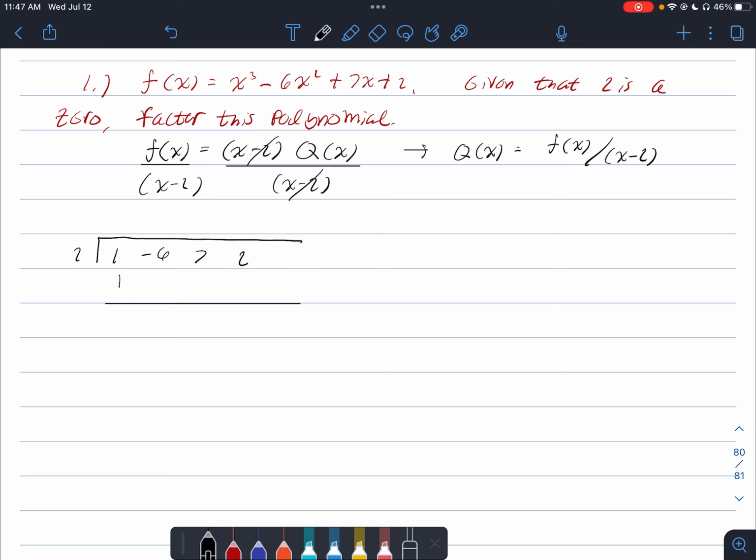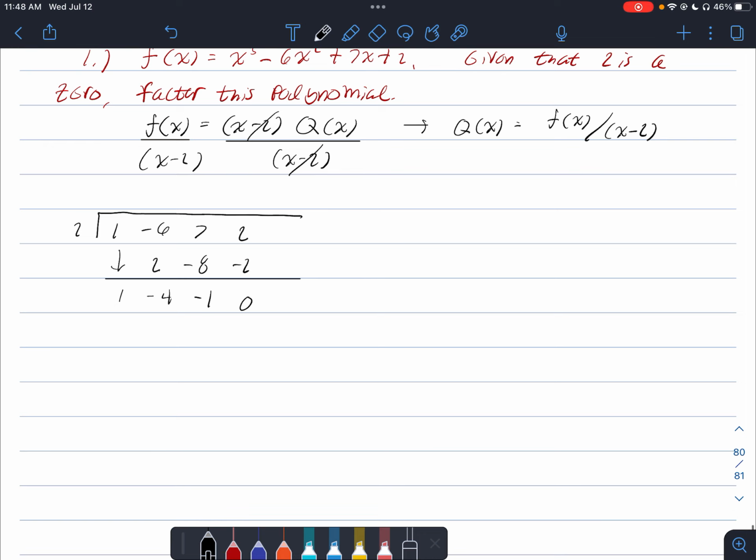Remember, we bring down this 1, and we multiply the 1 by our 0 here, which is 2. So 1 times 2 is 2. -6 plus 2 is -4. We take -4 times 2 and get -8. So 7 plus -8 is -1. And then -1 times 2 is -2. 2 plus -2 is 0.